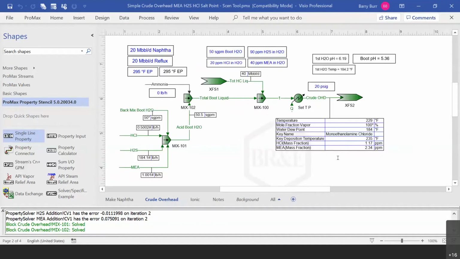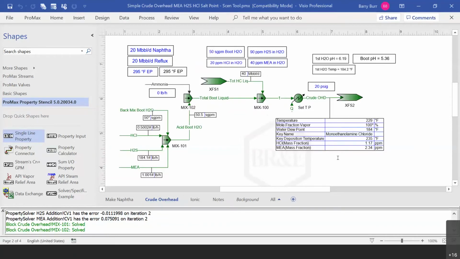So what our salt point analysis or salt deposition analysis will do is report the salt deposition temperature for ammonium chloride based on the partial pressure of ammonia and the partial pressure of HCl in the overhead vapor stream.